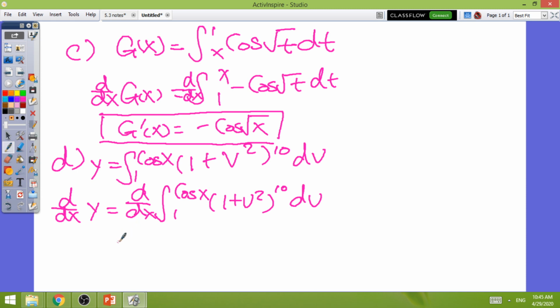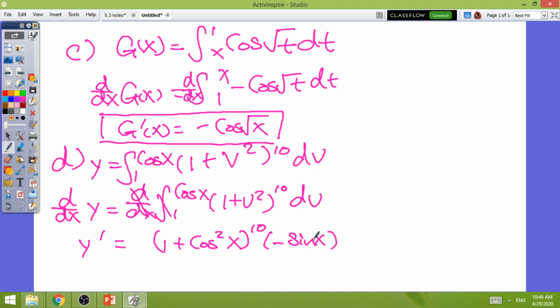Okay, now as you can see, this one turns out to be y prime. D over dx with the integral just cancels, and then we take the original integrand and replace v with cosine of x. So we got 1 plus cosine squared of x, to the power of 10. And now we need to take the derivative of the boundary, which is cosine of x, so negative sine x.